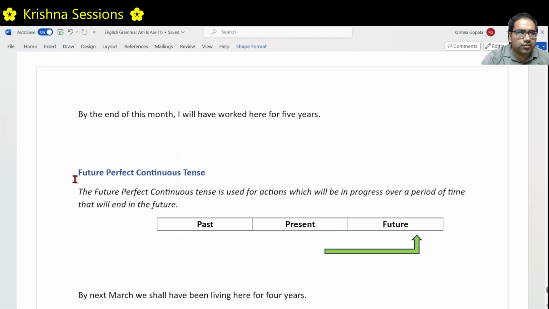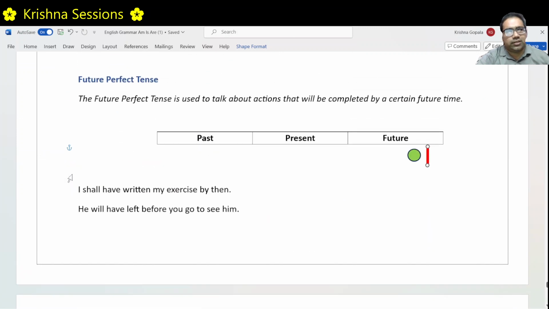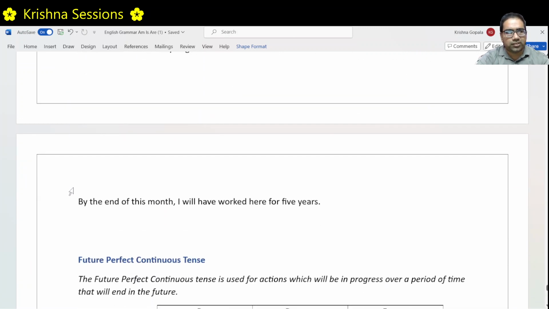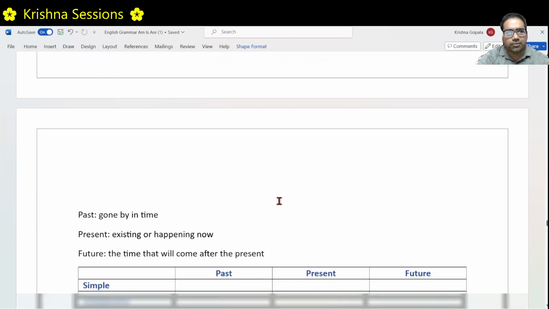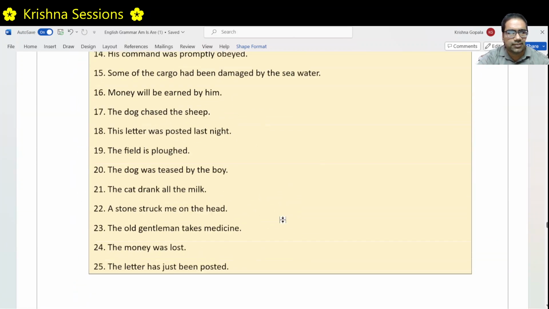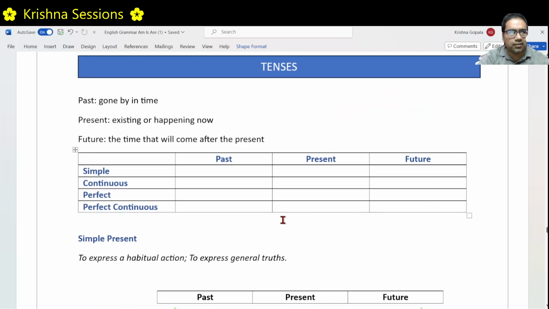This tense is not so frequently used. Okay, future perfect or future perfect continuous tenses, these are not so frequently used. The most important tenses that we should clearly understand will be simple present, these four, all present four tenses: simple present, present continuous, present perfect continuous, right?